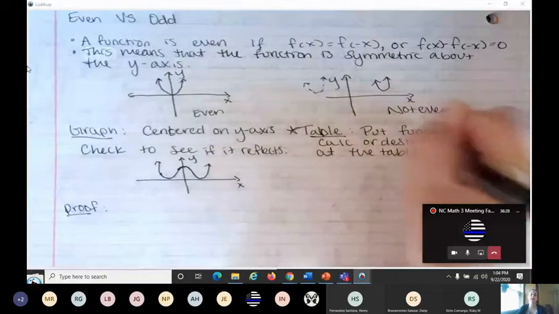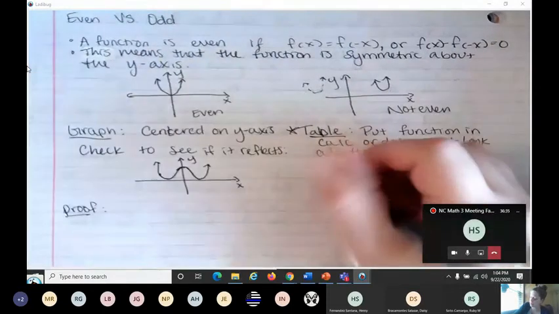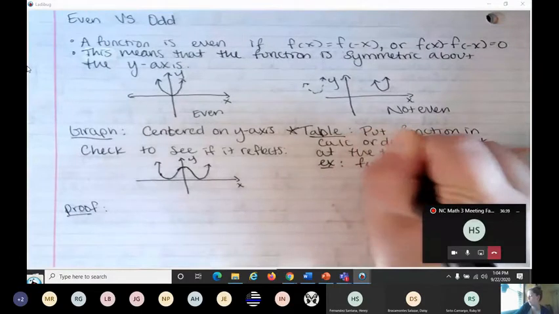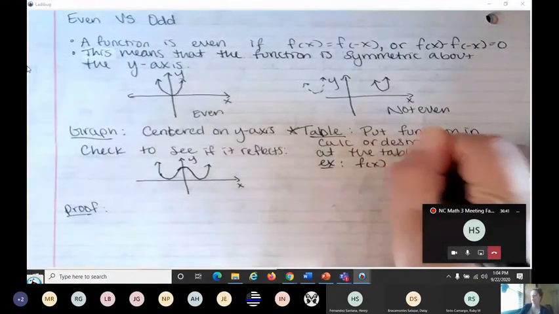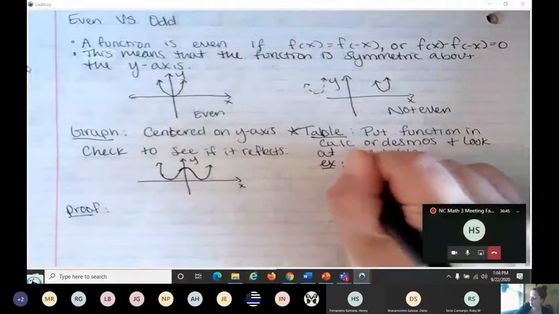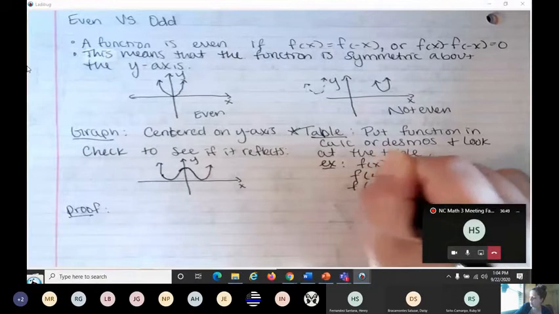You also can just put numbers into your function if you want. And you're going to check. So maybe our example for this one will be f of x equals x squared. I'm going to pick two numbers that have the same magnitude but opposite signs. So maybe 4 and -4.